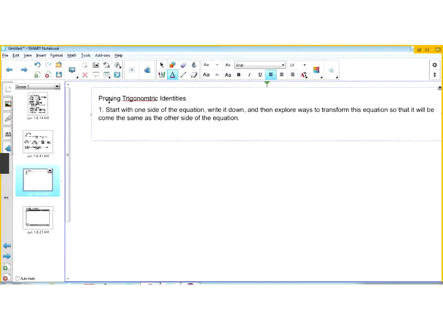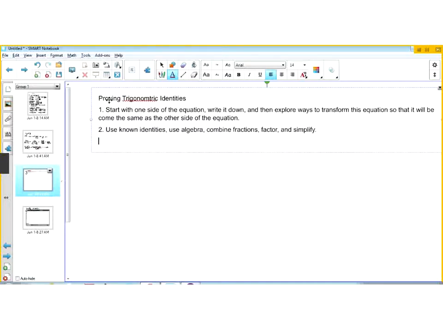Okay. So to do this, use known identities, use algebra, combine fractions, factor, and simplify.